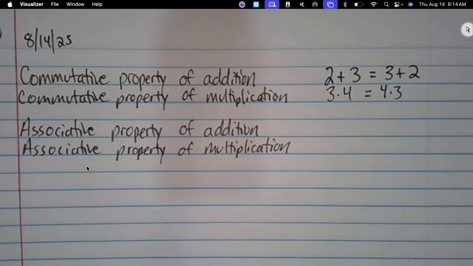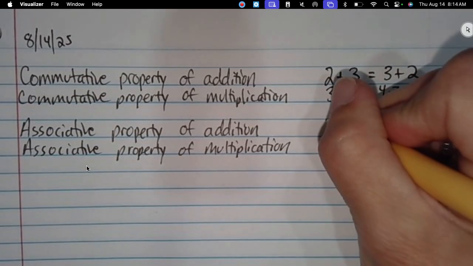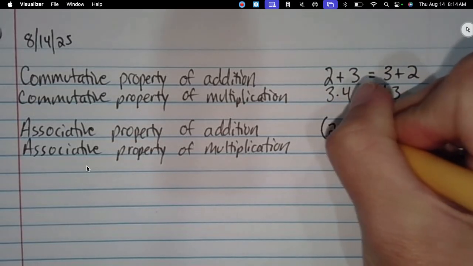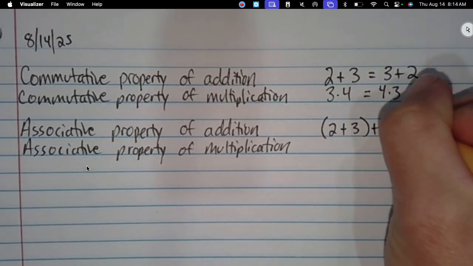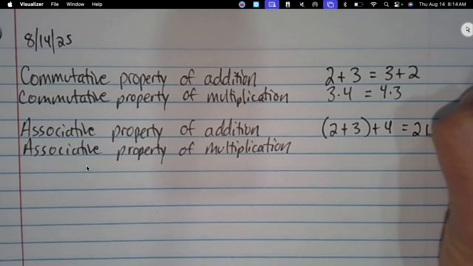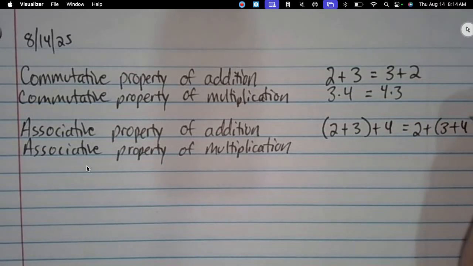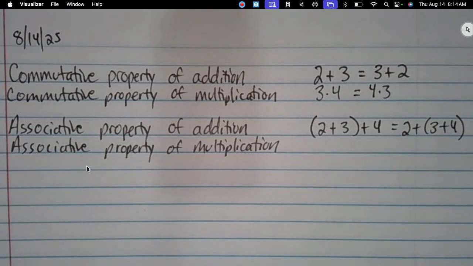Okay, this one, associative property of addition, it would look like this. I'm not going to change my order. I'm just going to change my parentheses around. Remember how we did order of operations the other day, and you do what's inside parentheses first? This just shows you that sometimes you can use associative property, like your parentheses can move.